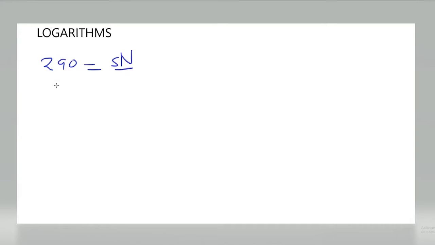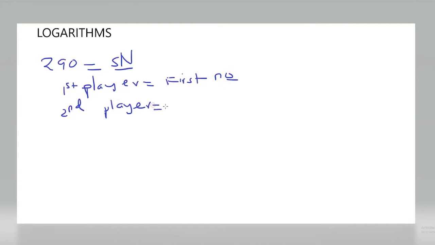Now think of two imaginations. Assume you have a first player, and you have a second player. Always the first player is the first number from the left hand side, and the second player is the second number from the left hand side.